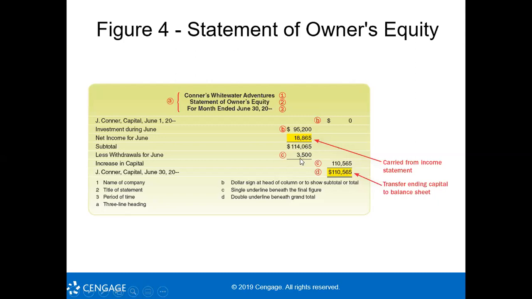And then we want to subtract owner withdrawals. The owner took 3,500 out of the business. So we subtract withdrawals, and that gives us our ending balance in equity. So we took beginning balance plus net income minus owner withdrawals, and that gives us the ending balance.